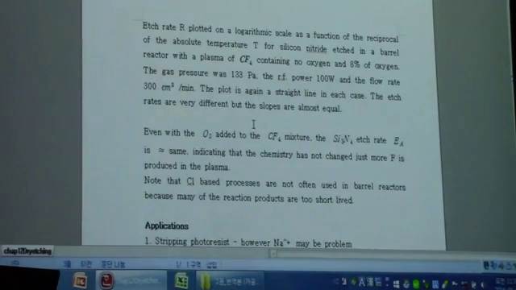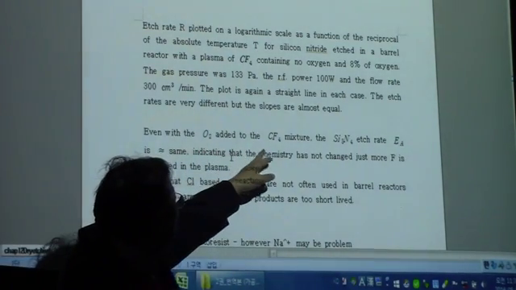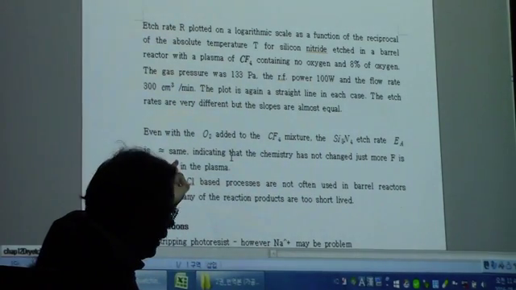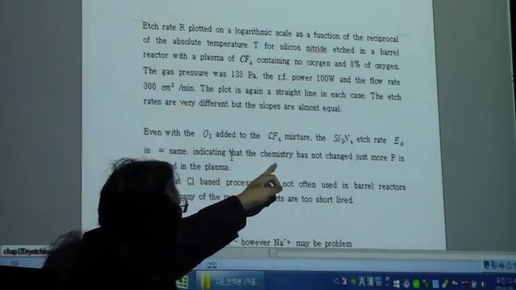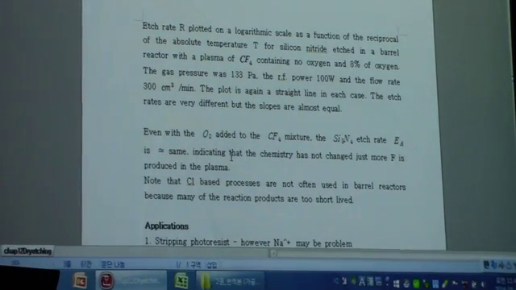And that signifies that even with the oxygen added to the CF4 mixture, the silicon nitride etch chemistry has not changed for the etching, right? Just more alpha is produced in the plasma with the addition of the oxygen.